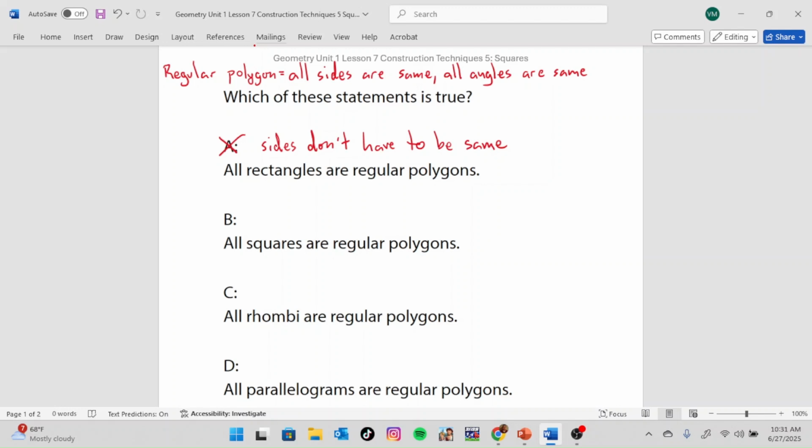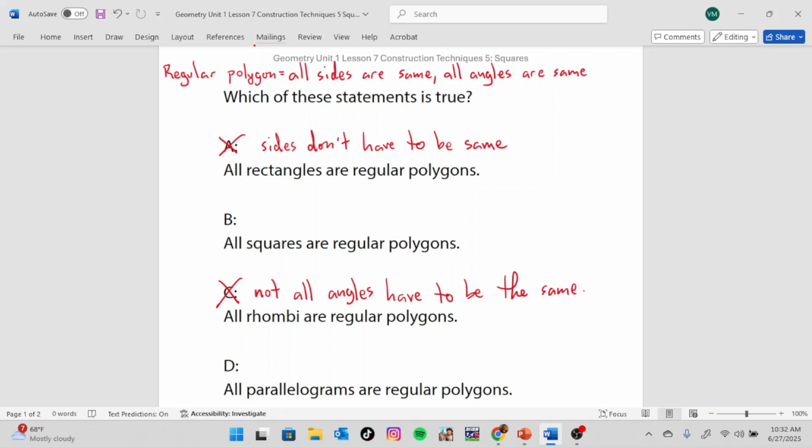So a rhombus could be a square, but it could also be a diamond. So not all angles have to be the same. Okay, just the opposite angles have to be the same. So C is not correct.